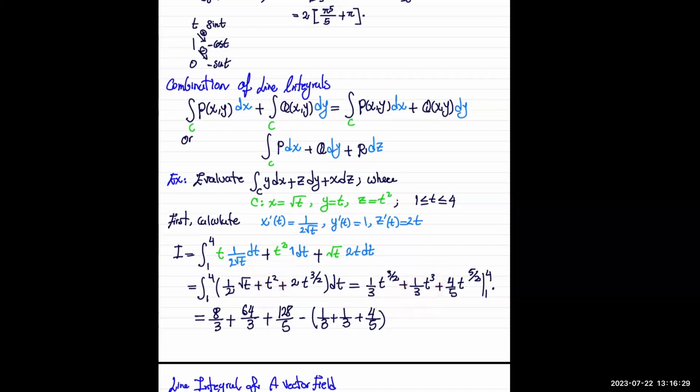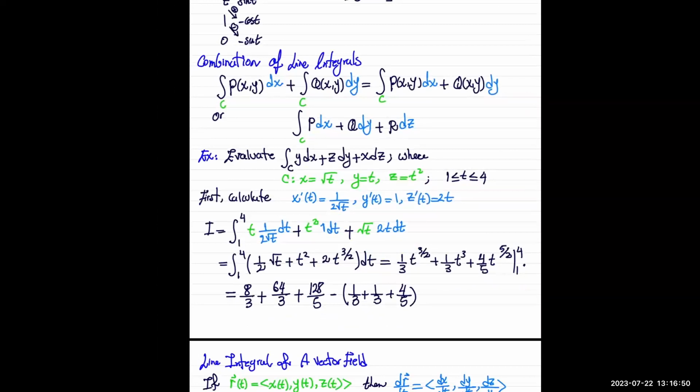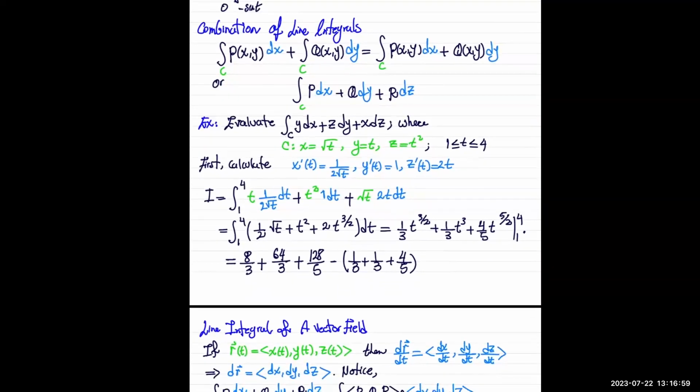And the antiderivative of t to the 3/2 is t to the 5/2, but then you multiply by 2/5. That 2 times 2/5 is 4/5. Going from 1 to 4, just plug in. And again, we're not so concerned with the ultimate value, but that's how that line integral is done.